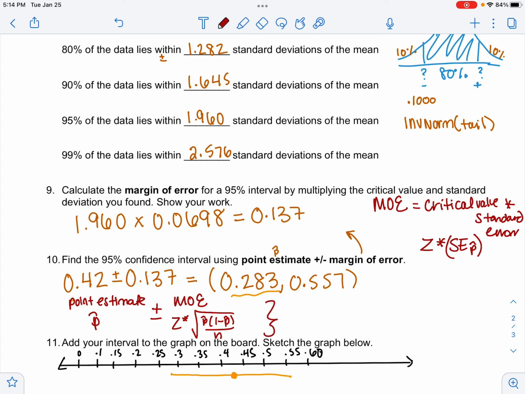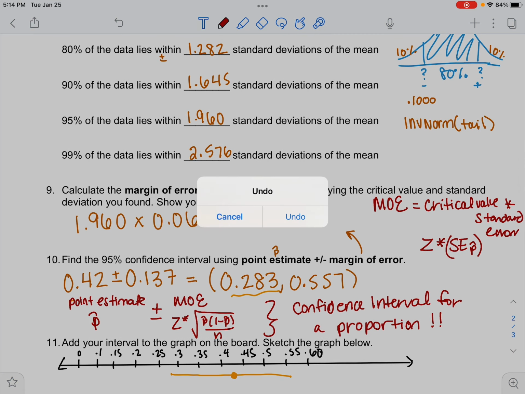And this was used in order to find a confidence interval for a proportion. That's the whole point of today's lesson, to find the confidence interval for a proportion.